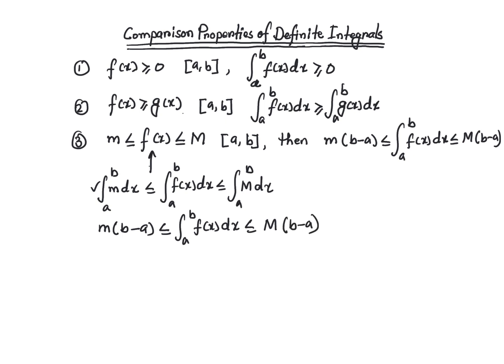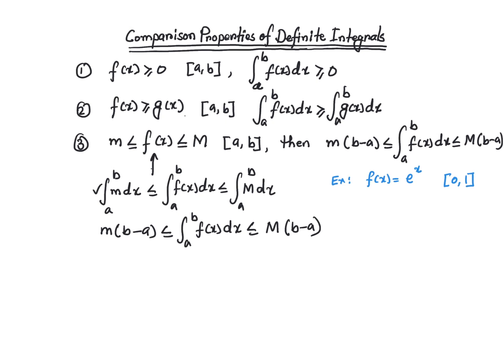Let me give you an example here to help you out. So let's say you have a function f of x equal to e to the power x. We want to find bounds for the integral of this function on the interval between 0 and 1. We know that e to the power x is a strictly increasing function.